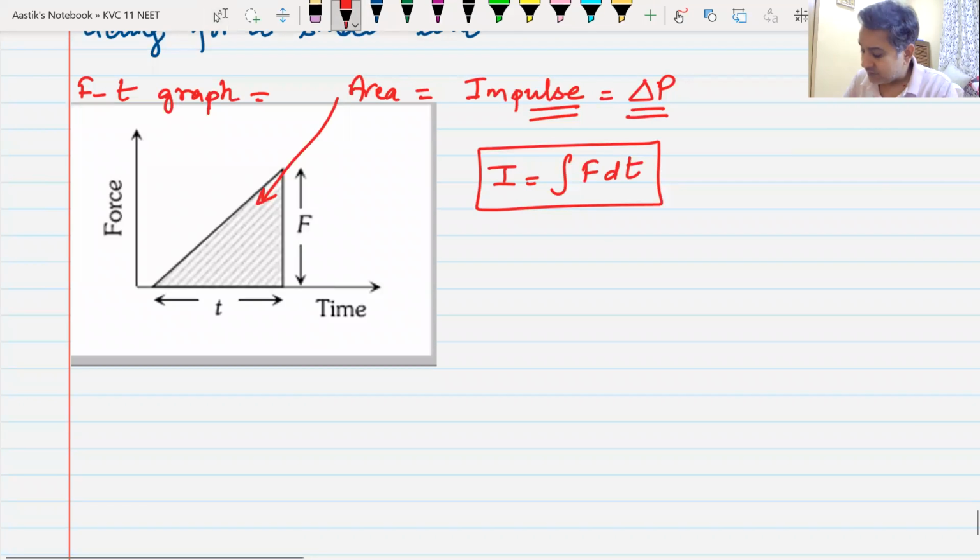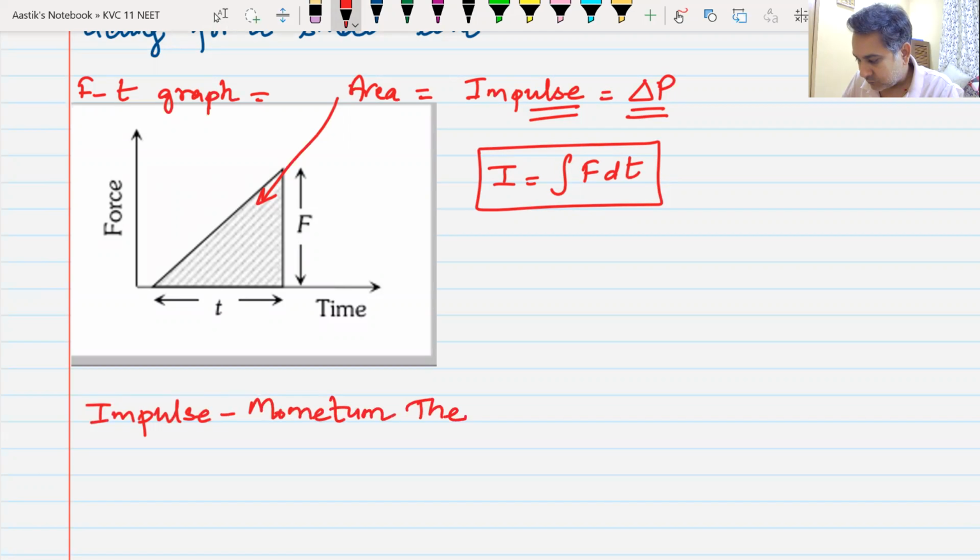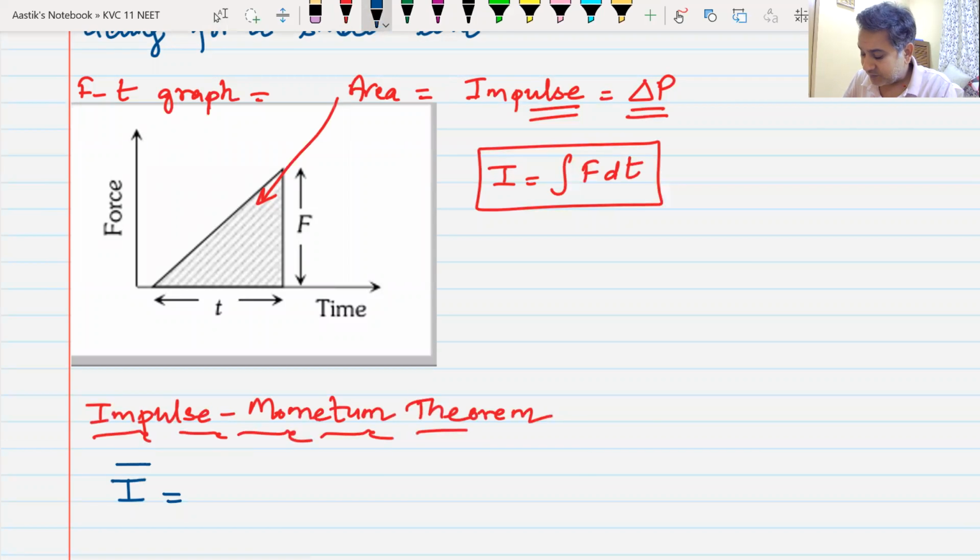Then there is a small thing which is known as the impulse momentum theorem. We have already done this, but let us also do it as a heading. And what does this impulse momentum theorem tell us? It is a very simple thing. It tells us that impulse, vectorially, is the change in momentum.